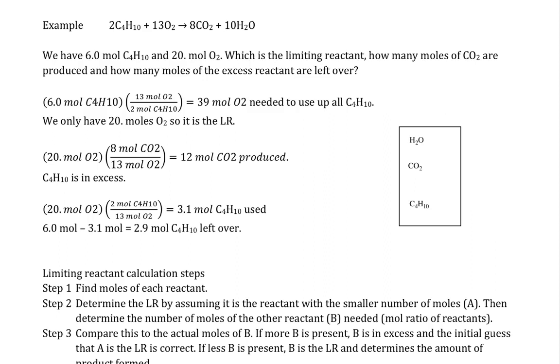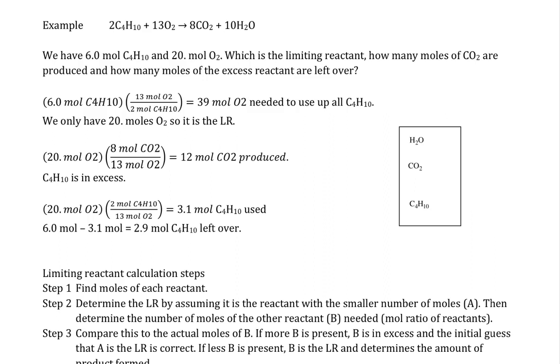C4H10 is in excess. That is, in our beaker, call that a beaker on the right, we have products, CO2 and water, and we also have C4H10 in the end of the reaction. Okay, to figure out how much C4H10 is used, we take the 20 moles of O2 that we used, and we multiply by the ratio between the O2 and the C4H10.